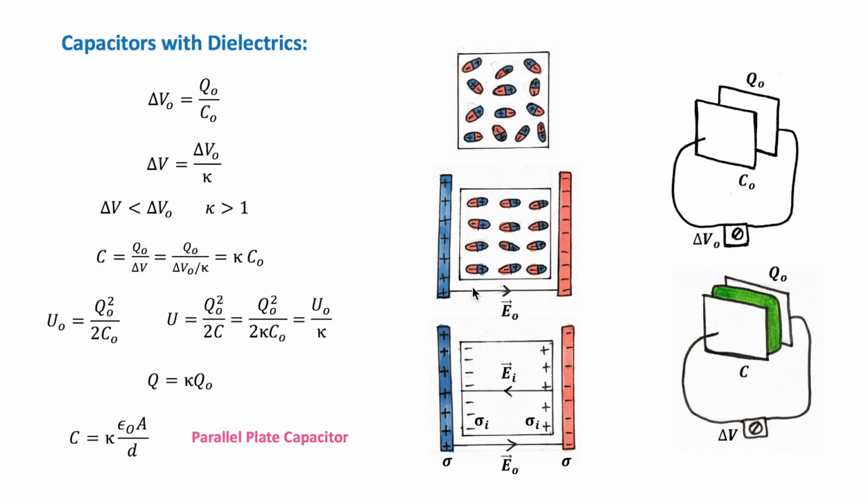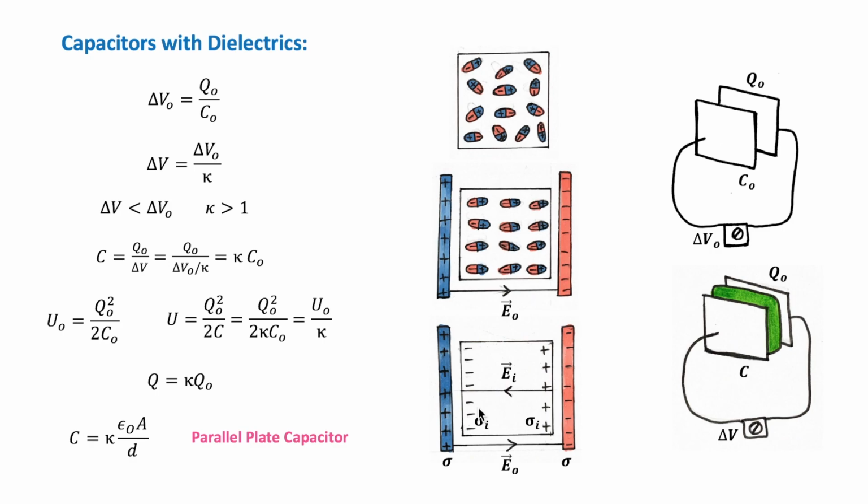And these two layers will induce an additional electric field, E induced, directed opposite to the electric field of the capacitor. So E naught is directed this way and E induced is the opposite way.